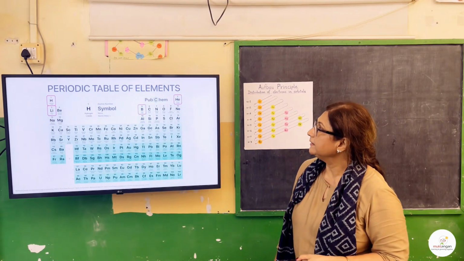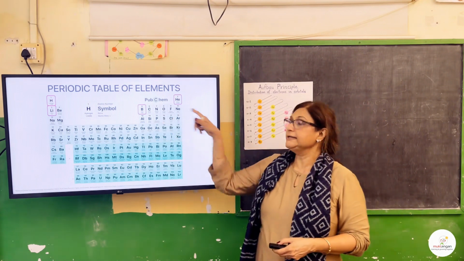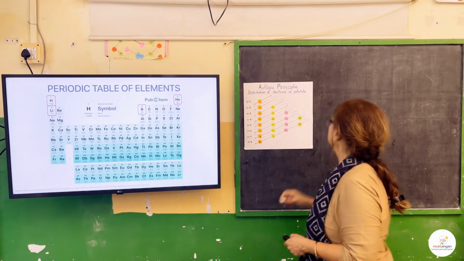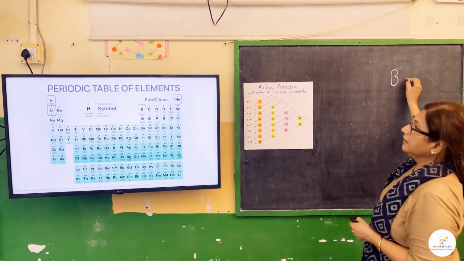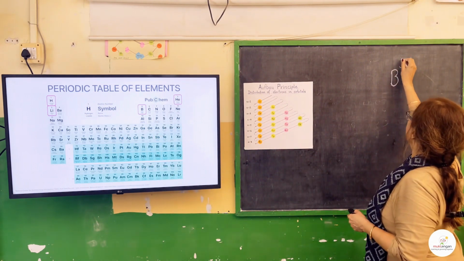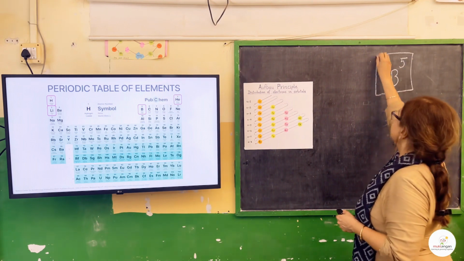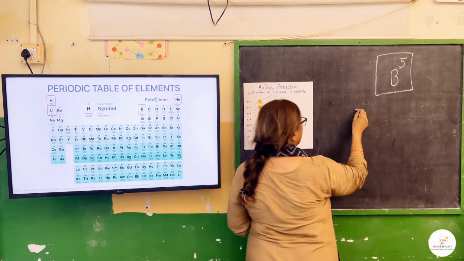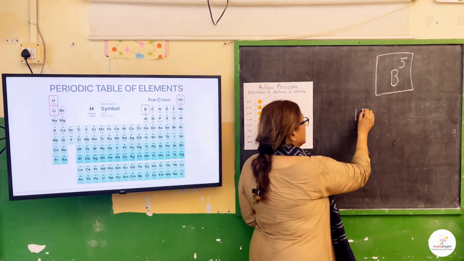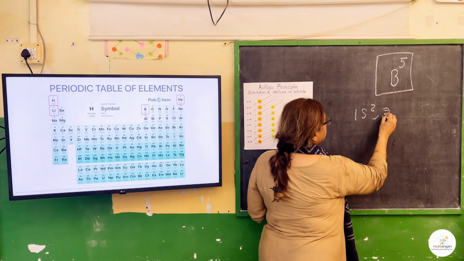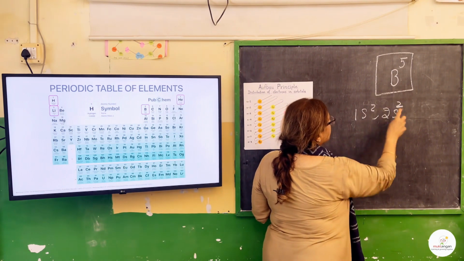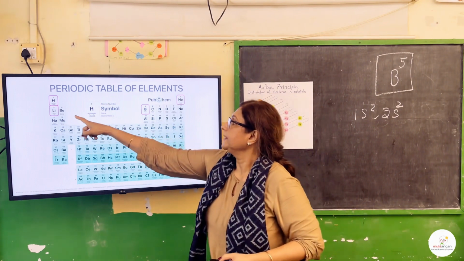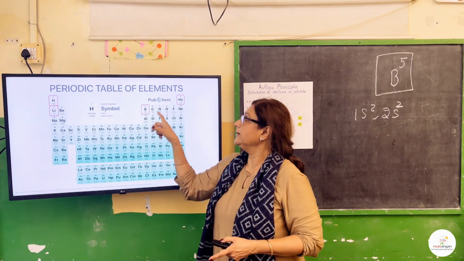So the next one is boron. Boron still is in period 2, and the atomic number for boron is 5. If you do the configuration for this, we follow the same pattern, that is 1s2, 2s2, that is 4. What comes after? Period 2 also has the p block.